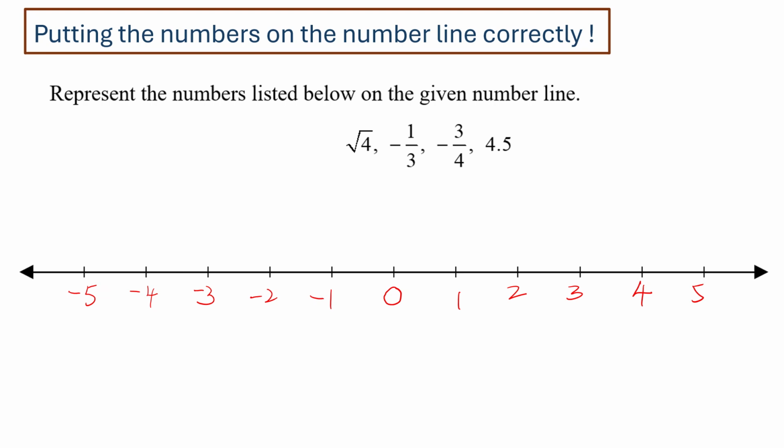Yes, 4.5 is between 4 and 5, so we put a little dot here, put the arrow, and then put the number on top of the arrow. So that's my 4.5. -3/4 is -0.75. -0.75 will be in between 0 and -1, so that will be here.